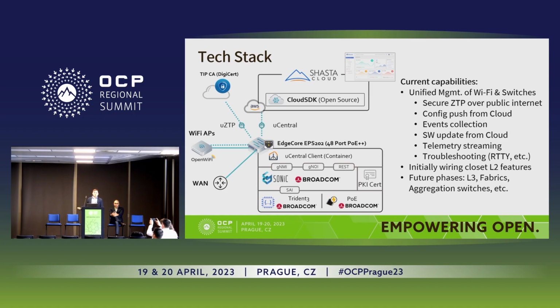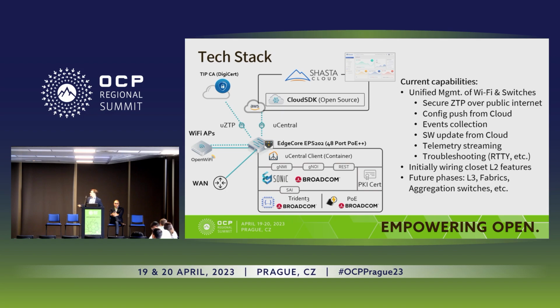It's proven it works. And we are putting it on top of SONiC, enabling the uCentral client to configure and do the whole lifecycle management of SONiC through this gNMI interface.